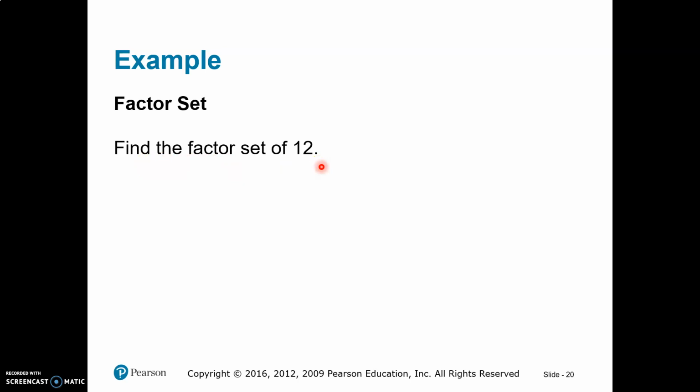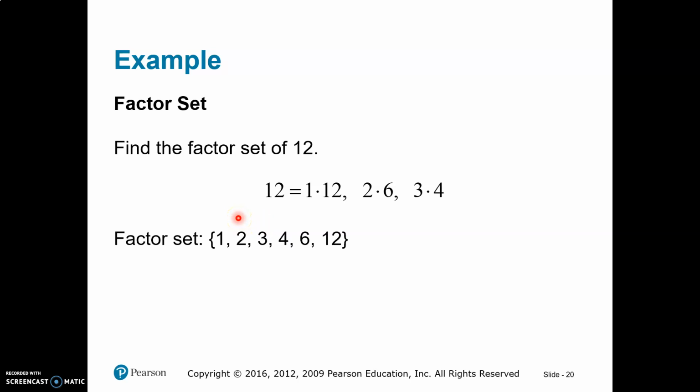I want two numbers multiplied together that give me 12. So 1 times 12, 6 times 2, and 3 times 4. We want just whole numbers. There are no others, so those are my factors. So the set is 1, 2, 3, 4, 6, 12.